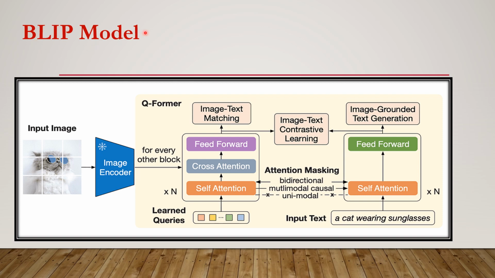This represents a novel modeling approach for unifying visual language understanding and generation. What sets BLIP apart from other vision language models is its effective utilization of noisy web data through caption bootstrapping. In this process, a captioner generates synthetic captions and a filter subsequently removes the noisy ones.